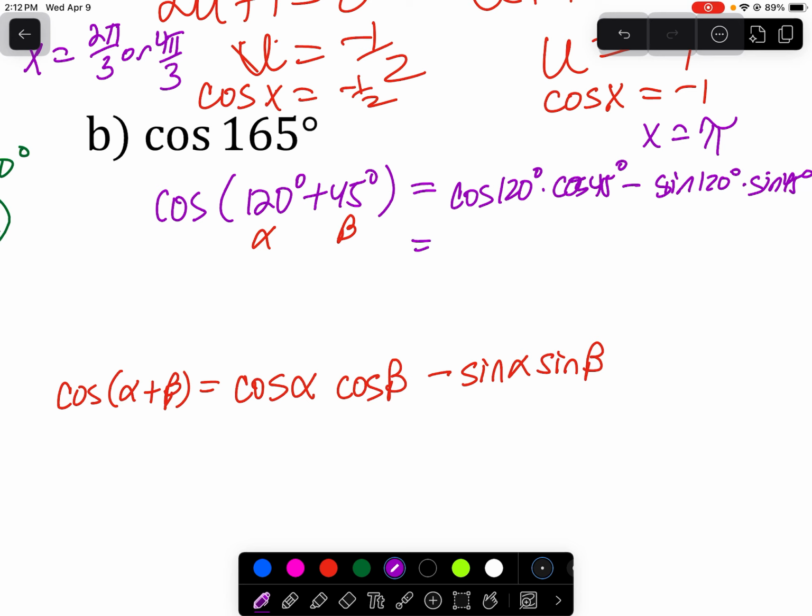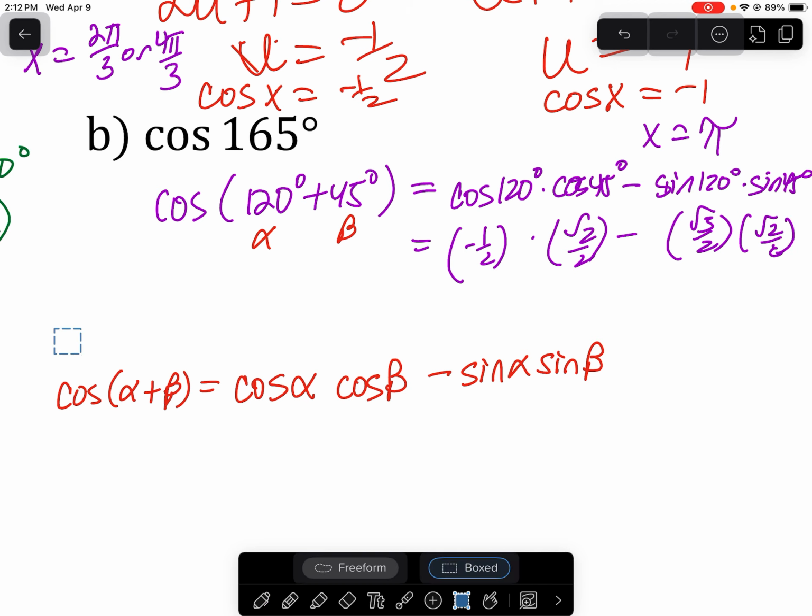Now 120 is the 60 that is in our second quadrant. So our cosine will be negative, but our sine will be positive. And then 45 is great because both the sine and the cosine are the exact same thing.